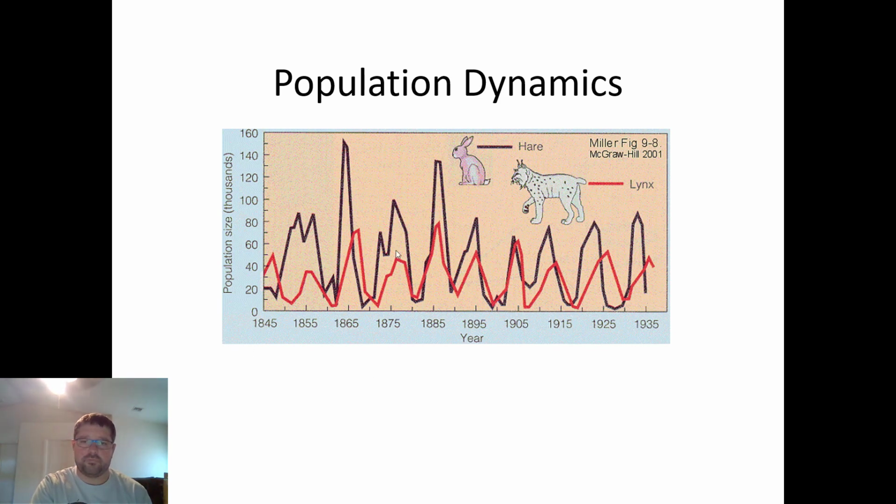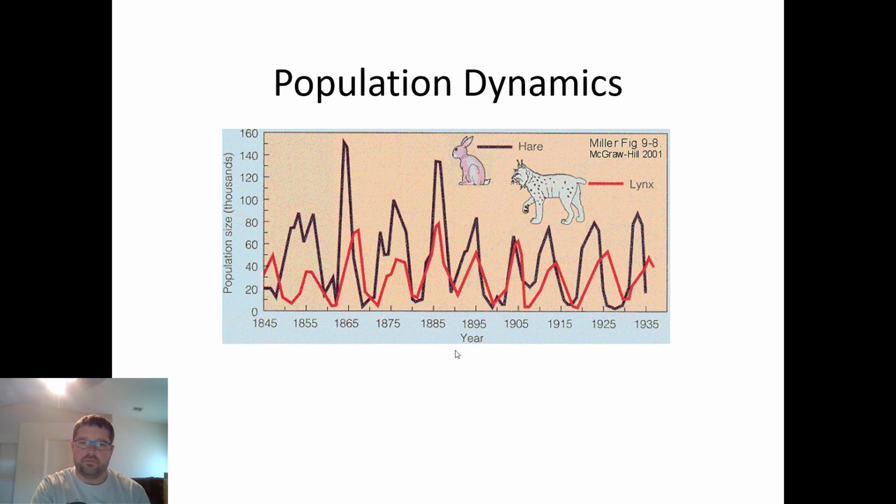Okay, so we left off talking about the lynx-hare example quite a bit. It's a classic example of a predator-prey cycle. Prey increases, predators follow with an increase, that decreases the prey, then that decreases the predator, and so on. Okay?